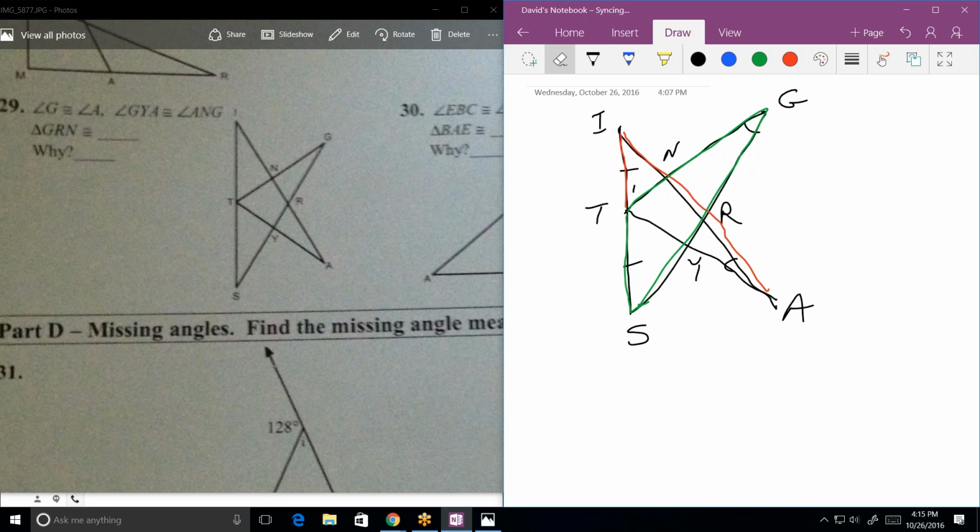Okay, let's see. G is equal to A again. G, Y, A is equal to ANG. GYA, that's that angle there, is equal to ANG, this angle here.